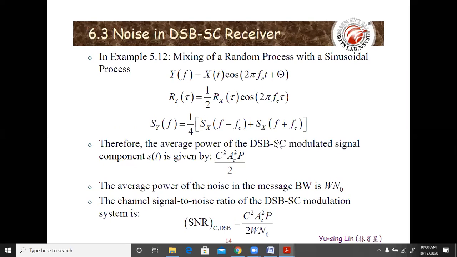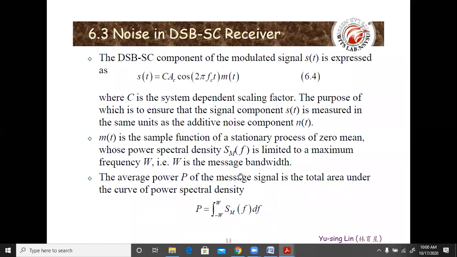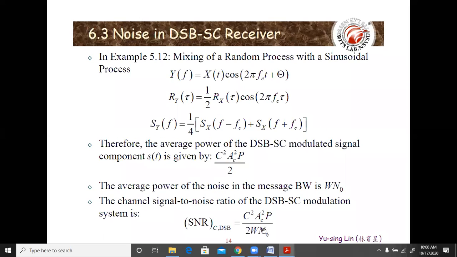Therefore, the average power of the double sideband SC modulated signal component s(t), with these two sidebands, is given by C square Ac square P by 2, where P is the message power we have seen.